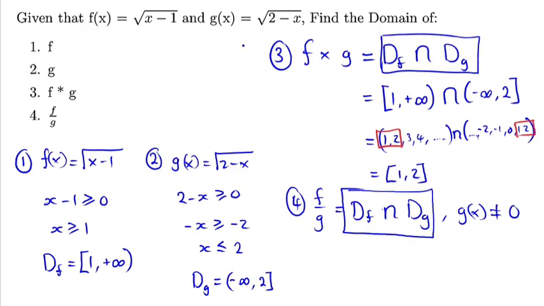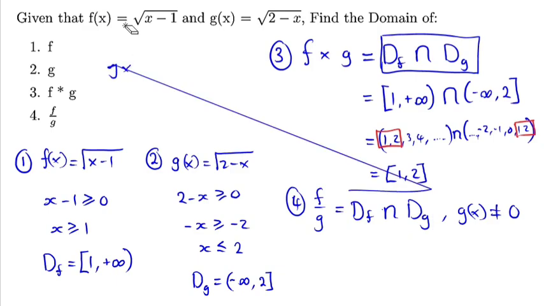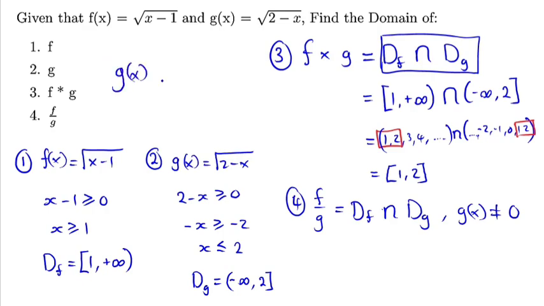So how can g become 0? Remember, g is the function, the root of 2 minus x. So for this g to be 0, it means that x must be 2. So in this case, x cannot be 2 because g cannot be 0.